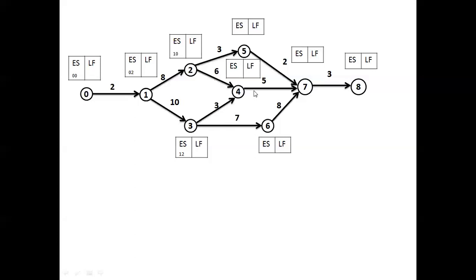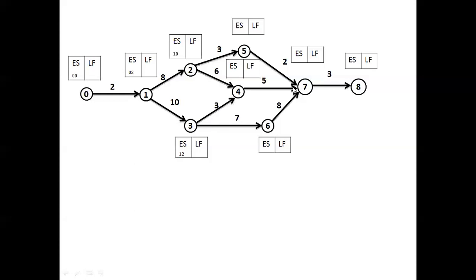The precedence relationship in the network diagram indicates that the 4 to 7 activity will only commence when both 2 to 4 and 3 to 4 are completed. 2 to 4 will complete on 10 plus 6, the 16th day, whereas 3 to 4 will complete on 12 plus 3, the 15th day. It means 2 to 4 will finish on the 16th day, and 3 to 4 will finish on 12 plus 3, 15, the 15th day.